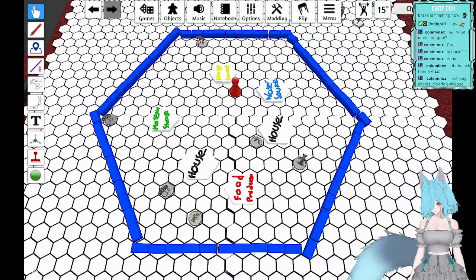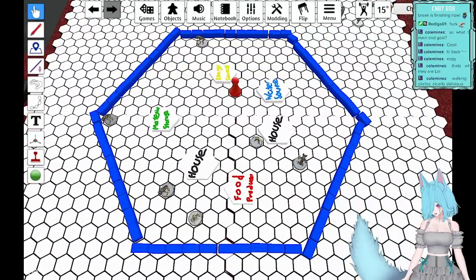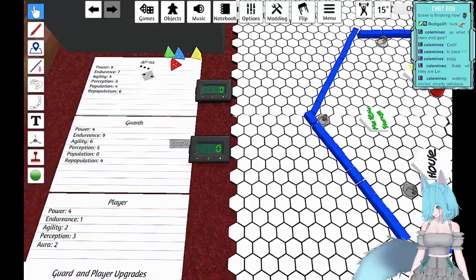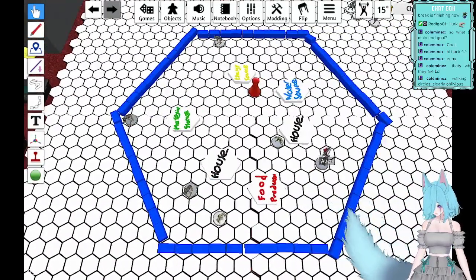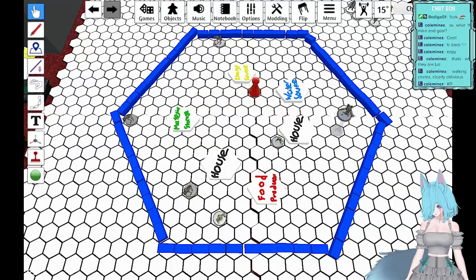Perception. 1, 2, 3, 4. Oh, you actually keep walking. 1, 2, 3, 4, 5.